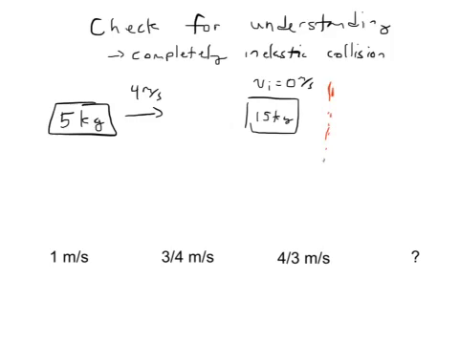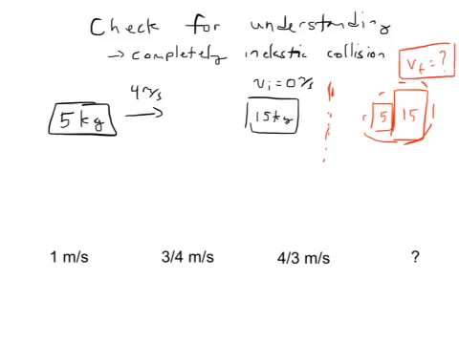Afterwards, since it was a completely inelastic collision, these two blocks are going to be moving together as one system. And what we want to find out is what is the final velocity of this system.